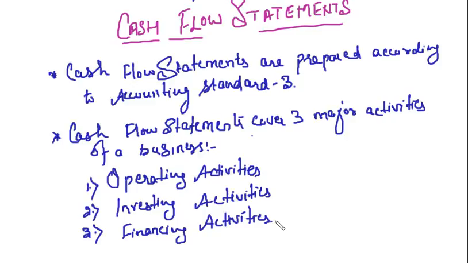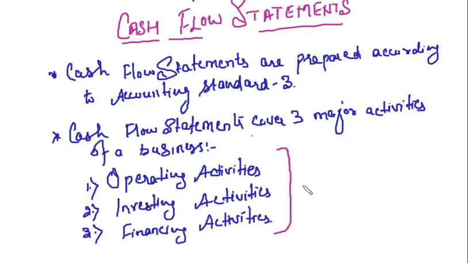Your whole chapter of cash flow statement will revolve around these 3 activities. We will learn how to prepare the cash flow statement in operating activities, in investing activities, and in financing activities.